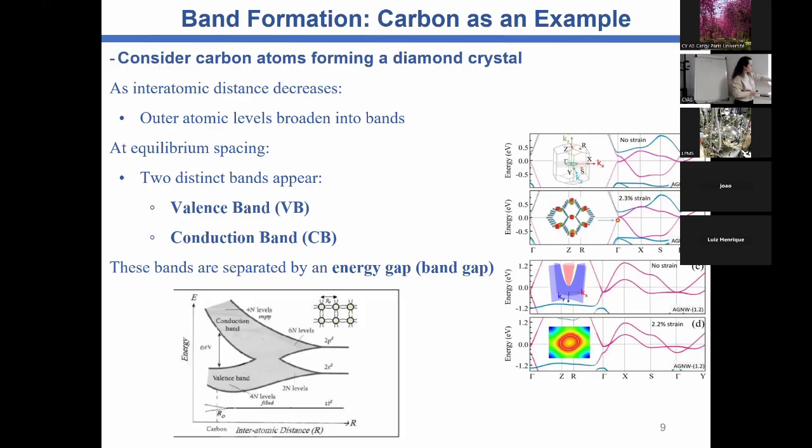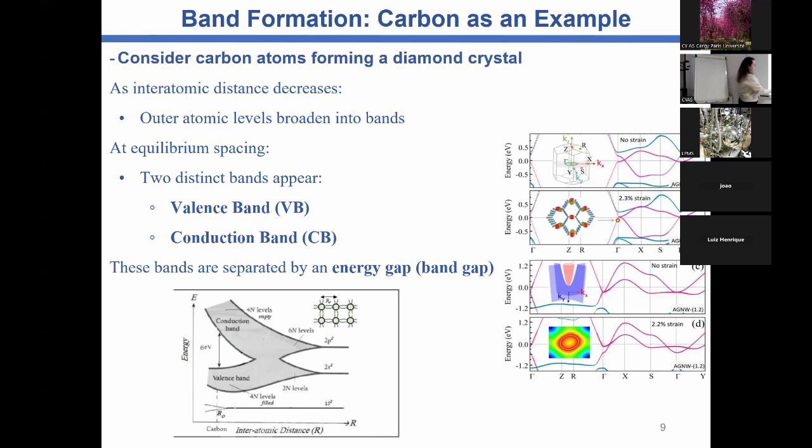And this difference in energy is called the energy gap. In terms of the valence and conduction band, we will analyze if the material can act as an insulator, semiconductor, or metal.